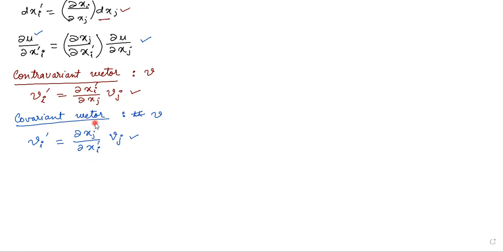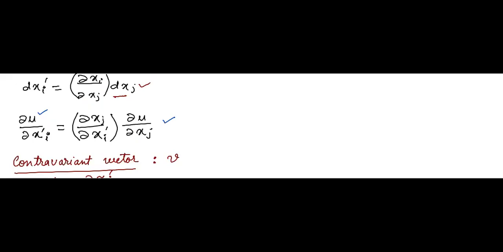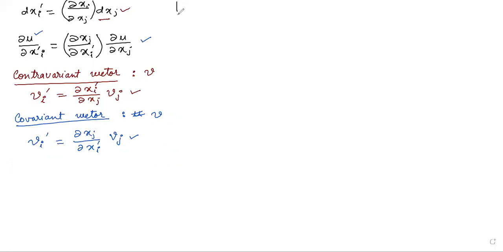Now let us look at the notations which are generally used. It is customary to write the indices of contravariant vectors and tensors as superscripts rather than as subscripts.